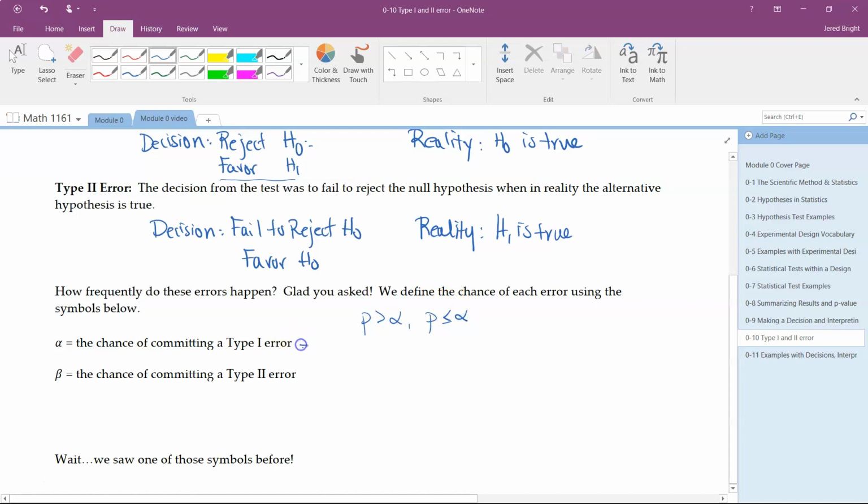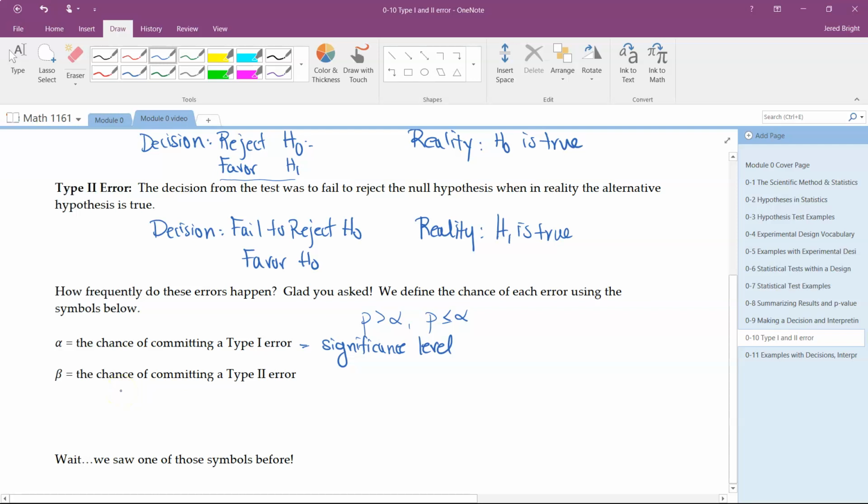So this is the same as the significance level. Just be on the lookout for that. When you specify a significance level, saying P is less than 0.05 or whatever, that's actually saying what the chance of a type 1 error is. So we want to be on the lookout for that and make that connection.